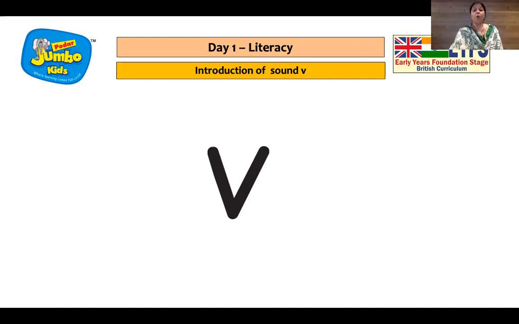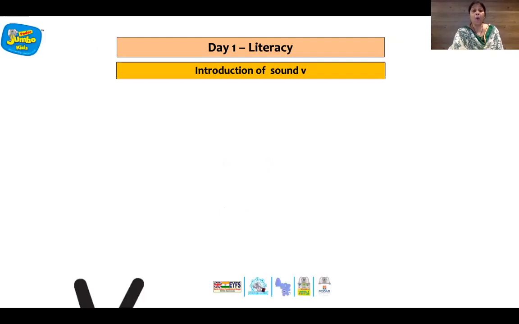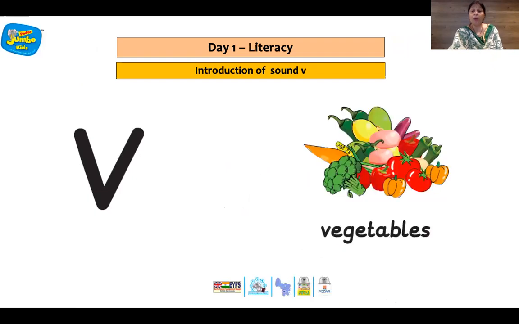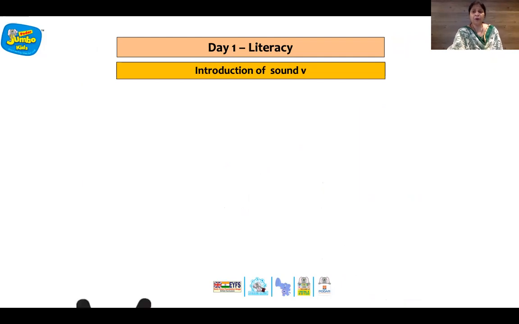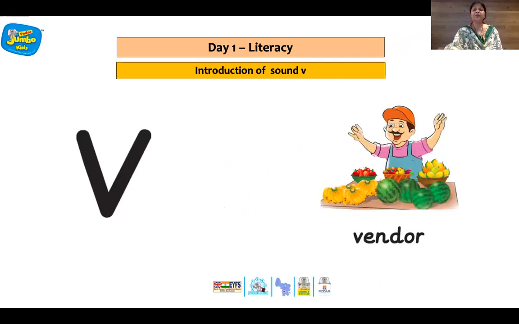Now, Veer was a vegetable vendor. Yes, children, what is the meaning of vegetable vendor? Do you know who is a vegetable vendor? A vegetable vendor is a person who sells vegetables.